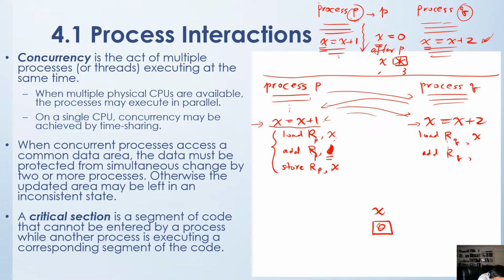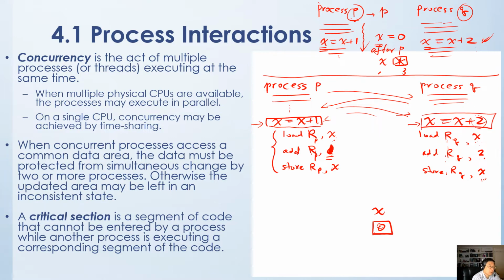In this case, add 2 into RQ, and then you store the value of RQ back to X. Okay, so X is a memory address in the memory, and RQ, RP are basically the registers in the CPU. Now, instead of running these, you're going to run these 3 instructions.